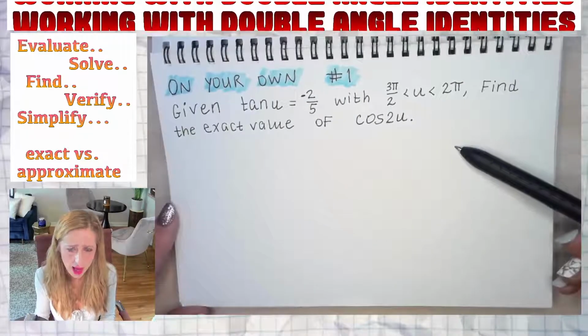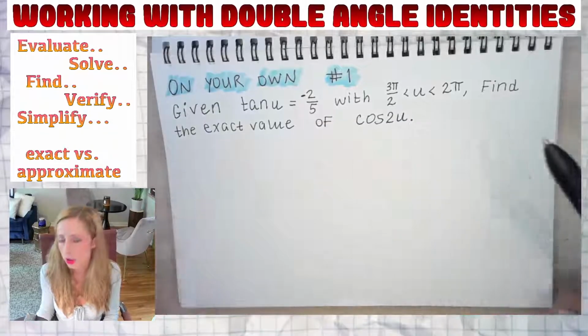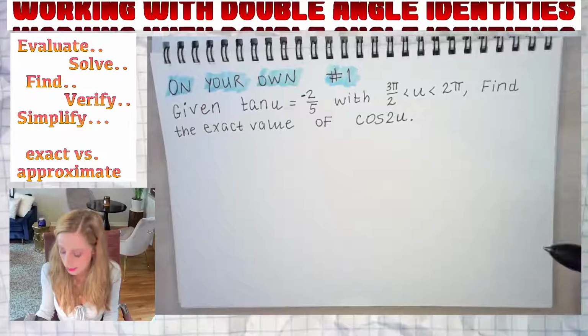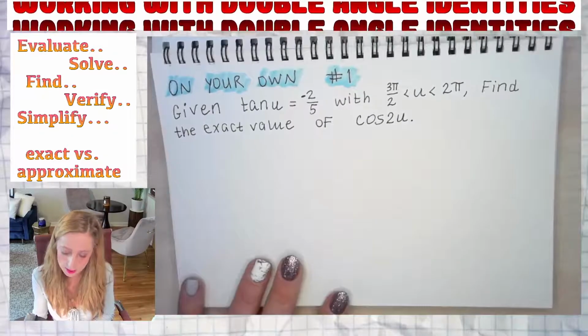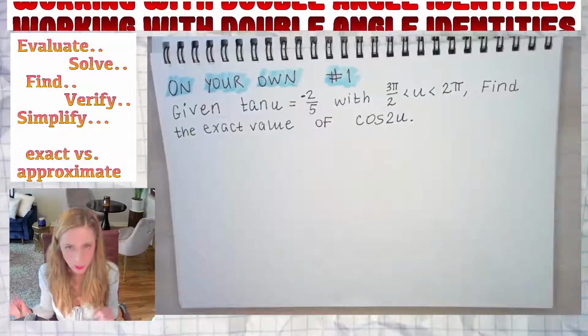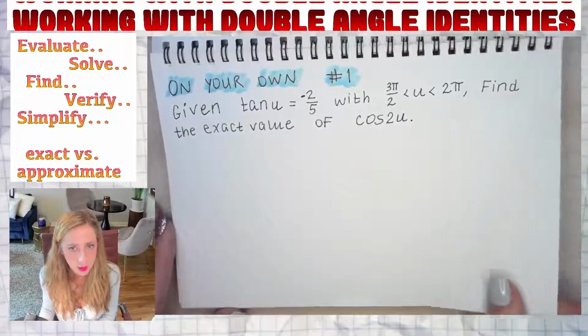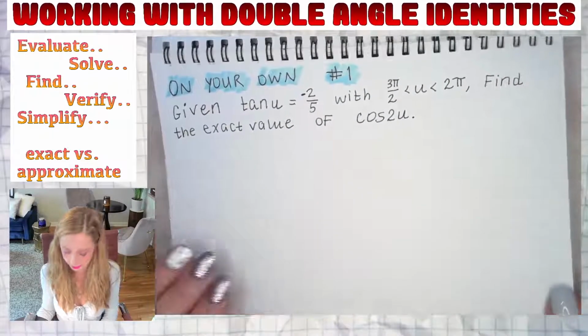Find the exact value of cosine 2u, all right? You're gonna follow the exact same process that we did earlier and apply that process to this problem, and I wish you all the luck. So if you have to press pause to make sure you write this down, go ahead and do that. And I'm gonna move on to guided example number 2.